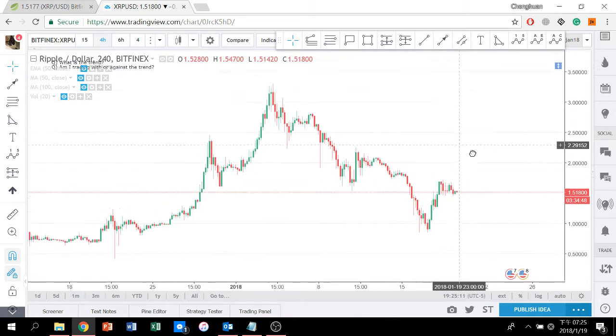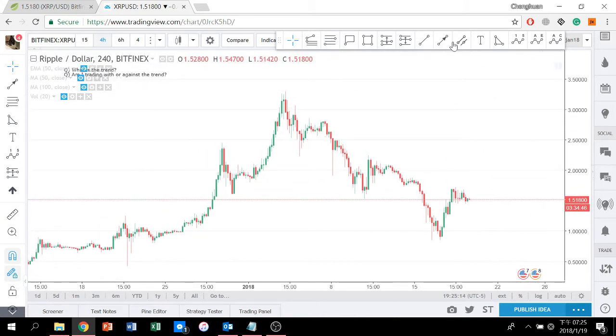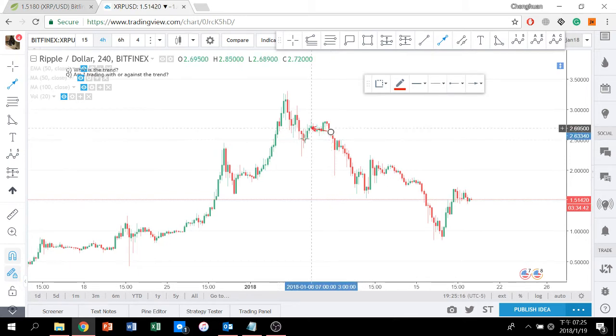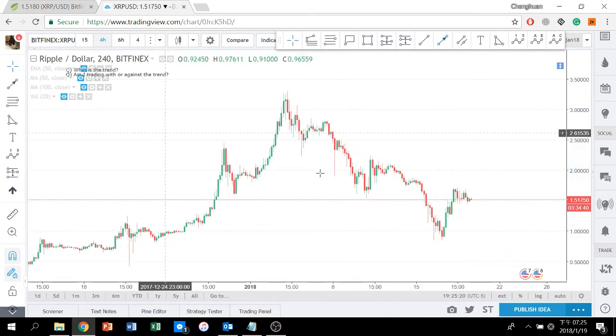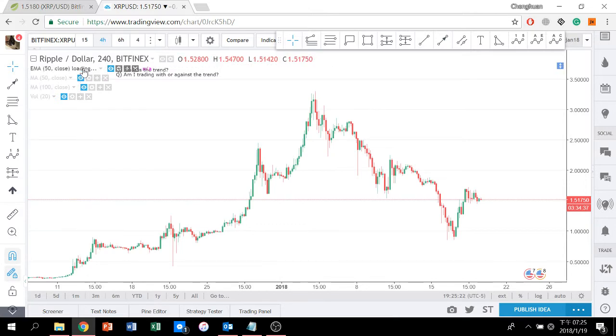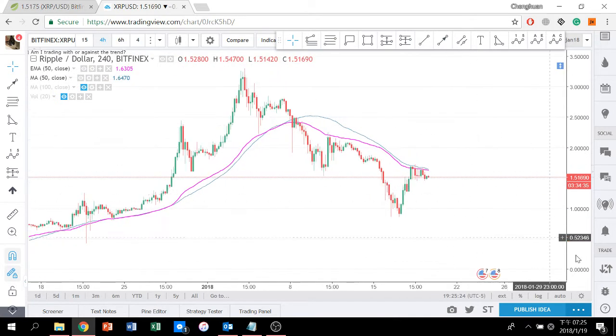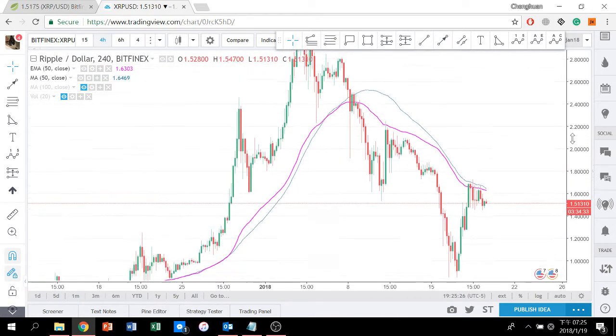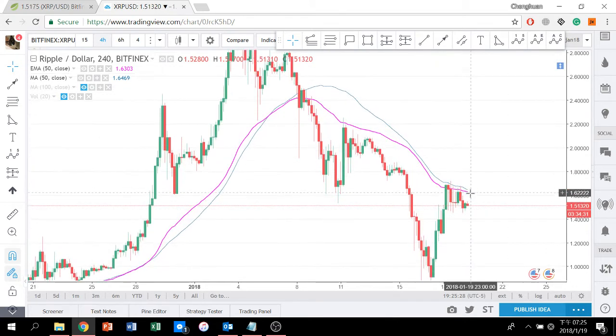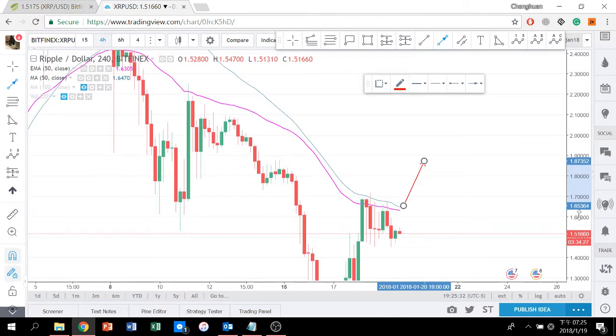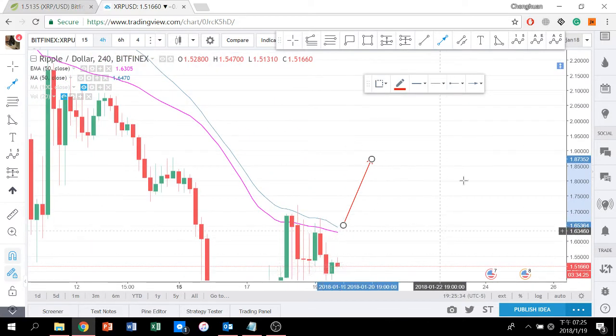Okay, now with that being said, and justifying my idea that we're still in a downtrend, let's look at some indicators. So EMA 50, MA 50. Even though EMA 50 might make an attempt to cross over, I don't think it will, right?